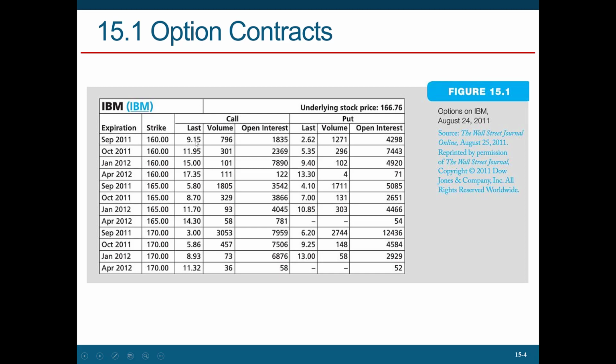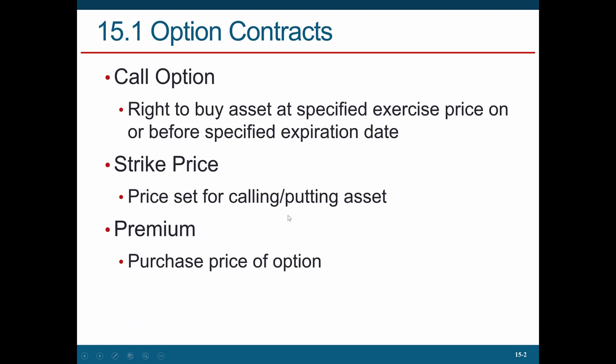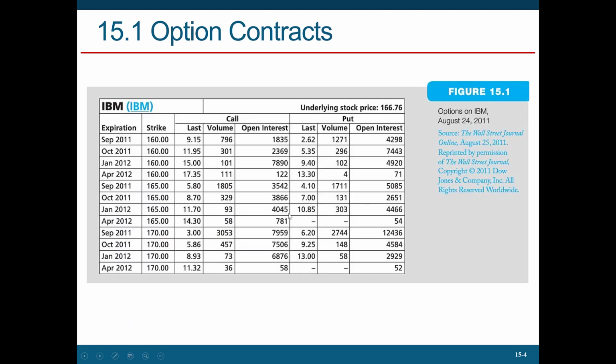So by paying this option price, you're basically getting this right. Okay, so this option price of $9.15 is what is referred to as the premium. And this fixed price of 160 is known as the strike price, or also known as the exercise price, so that is this second column here.